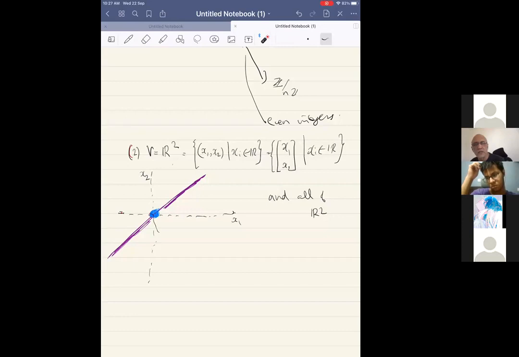But there is a new character in town, namely the purple line, any line through the origin. If I take any two points on this line, their sum belongs to the same line, and any scalar multiple of such a point belongs to that line.